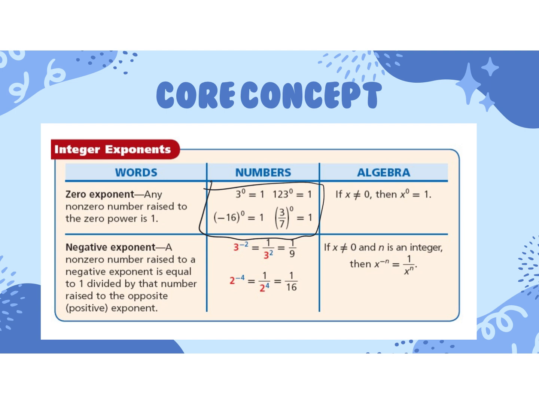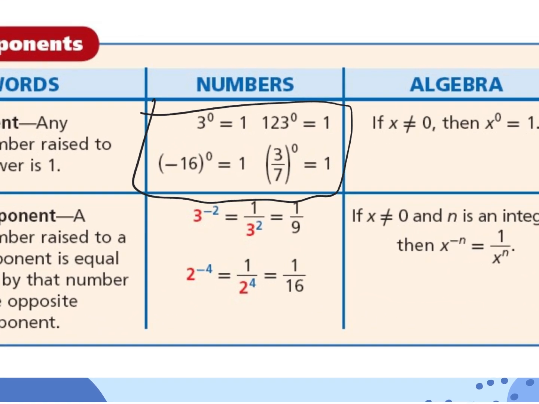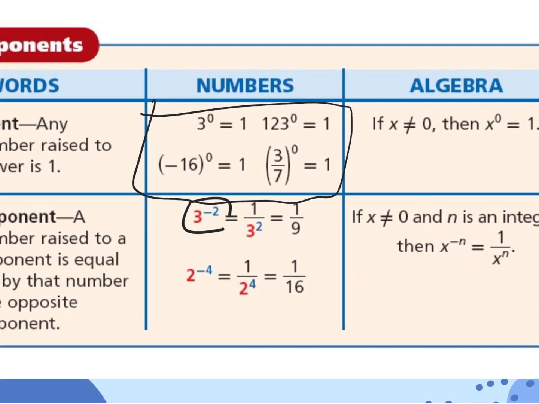Now with a negative exponent, similar ideas. So I have a non-zero number raised to a negative exponent is equal to 1 divided by that number raised to the opposite exponent. That's a lot of words. But essentially what we mean is that if I see something like 3 to the negative 2, a negative exponent is just going to flip it and make it into a fraction.